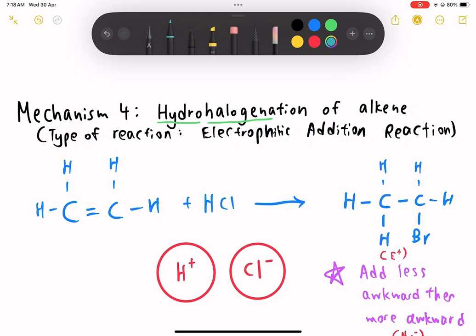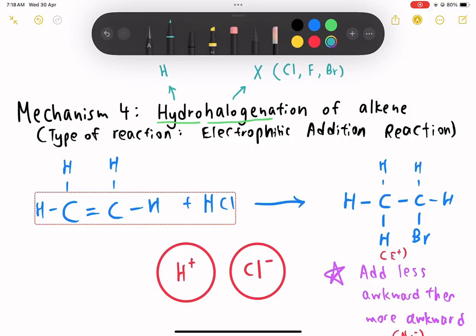Hydrohalogenation, from this word we can see that hydro means H, halogen means anything that is from group 17, for example, Cl, F, Br. In this mechanism, we are going to add hydrogen and any halogen into alkene in order to form haloalkane.